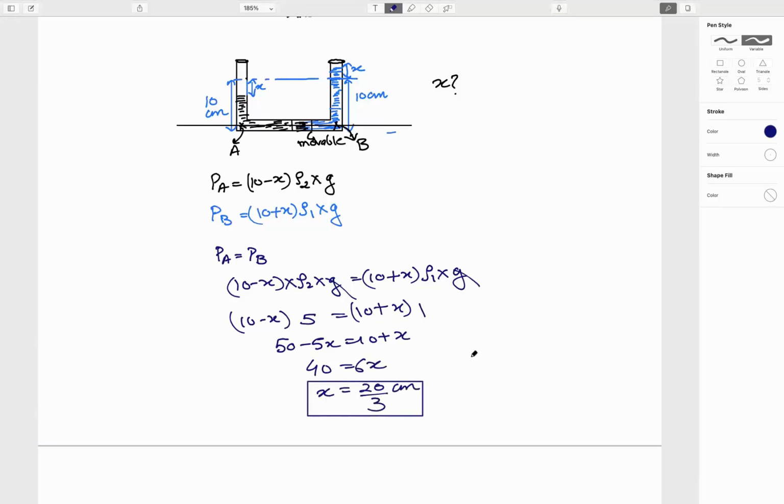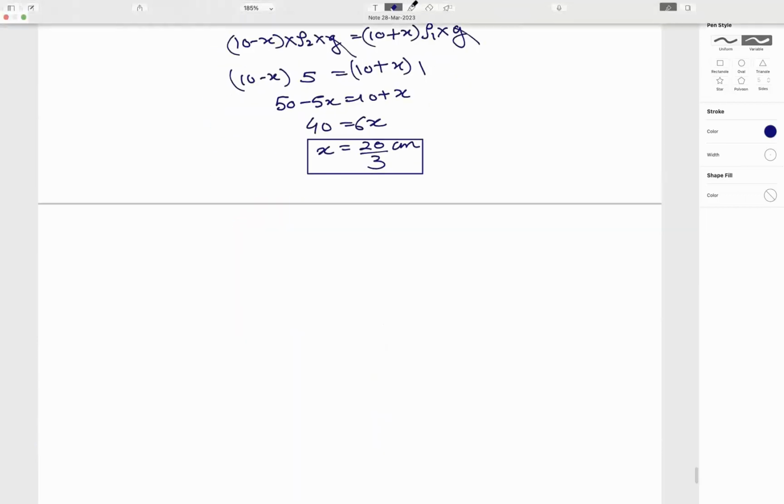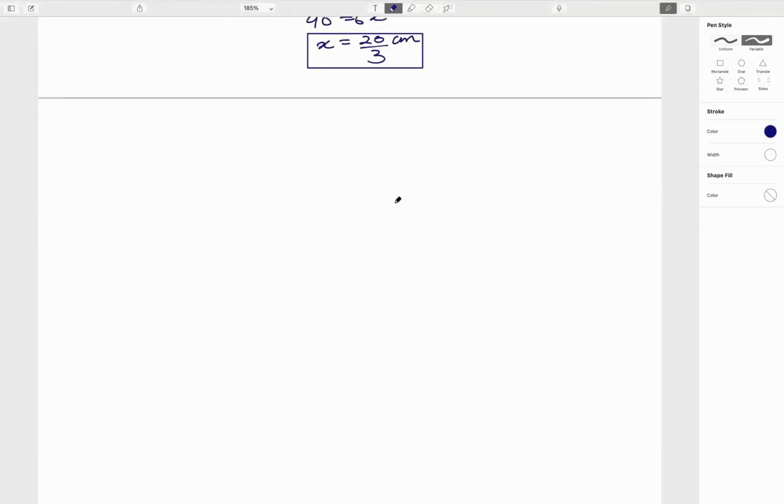Okay. So let's discuss one question that came in JEE 2014. There is a circular tube in a vertical plane.